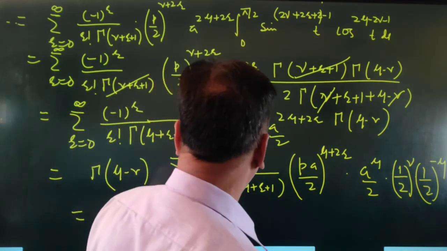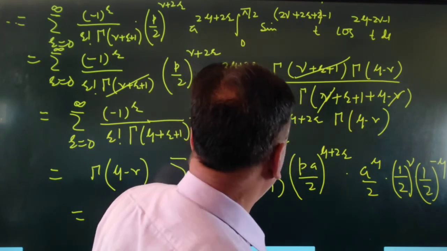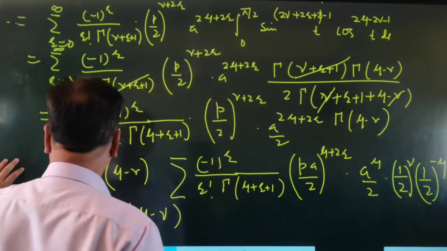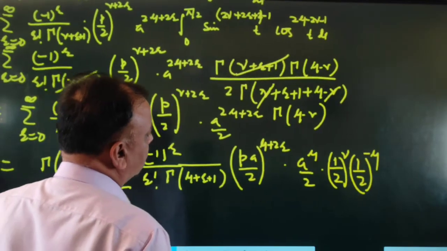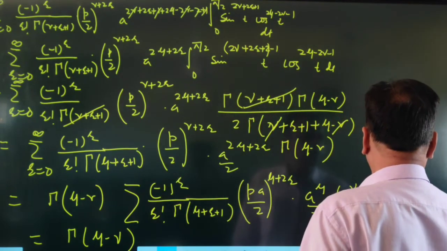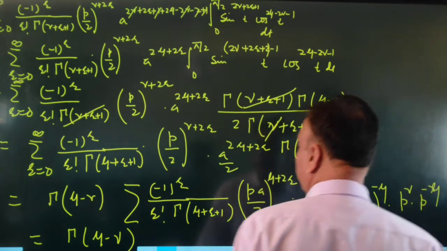Somewhere there is p also, pa raised to mu plus 2r we have included here, so we will also take here some p also, so p raised to mu into p raised to minus mu also.